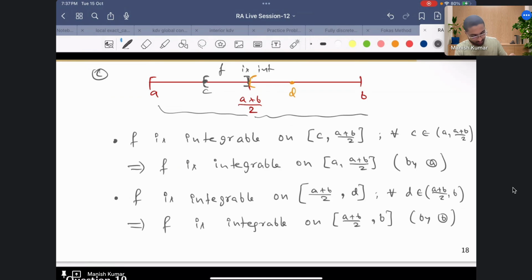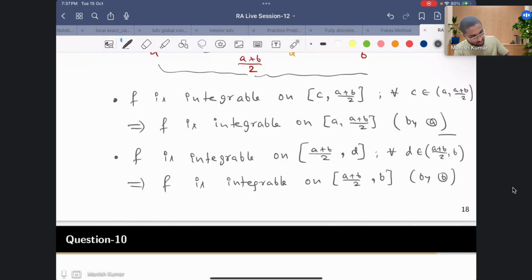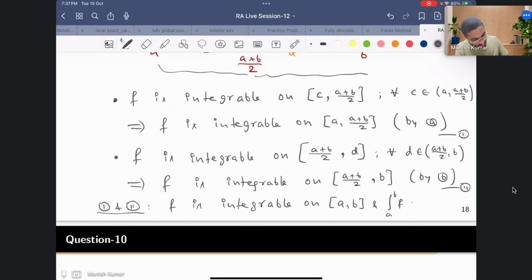Let's say this is 1 and this is 2, so 1 plus 2 tells you that f is integrable on [a, b], and the integral of f over [a, b] is just the integral from a to (a+b)/2 plus the integral from (a+b)/2 to b.